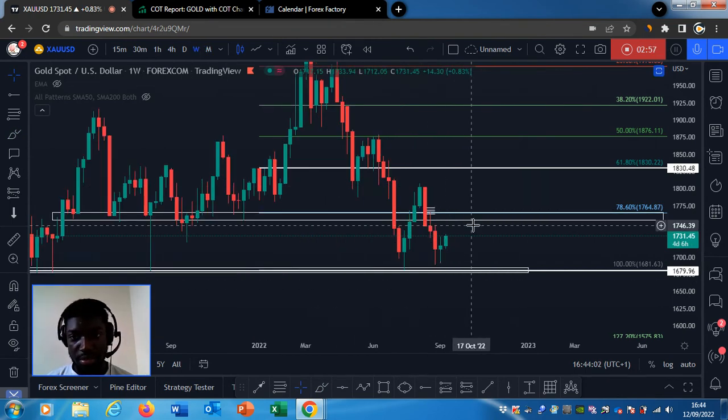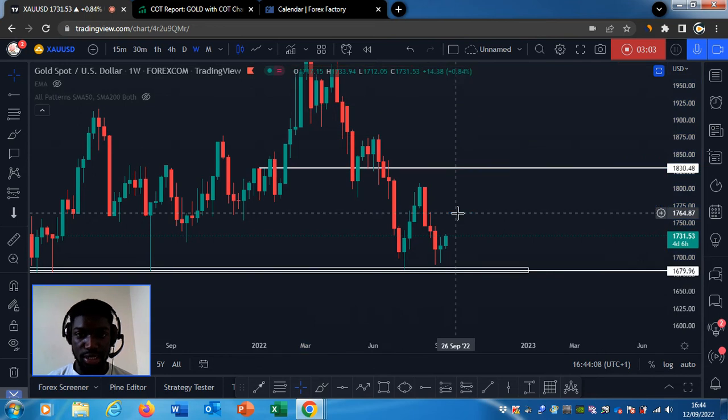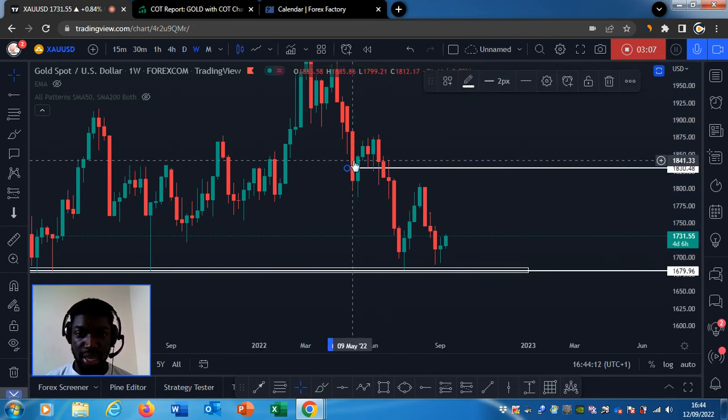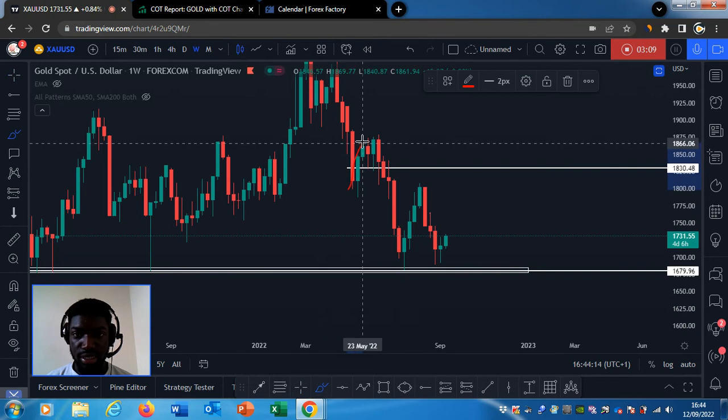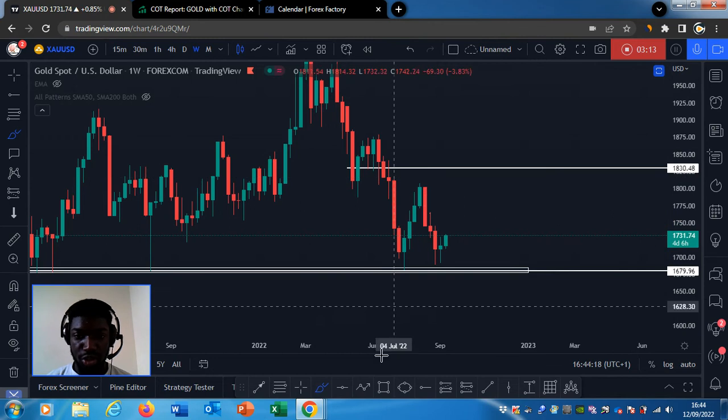On the weekly time frame, we have what we call quite plain or straightforward price action. As we can see here, this 61.8 is a perfect neckline for this bearish drop that we had here.